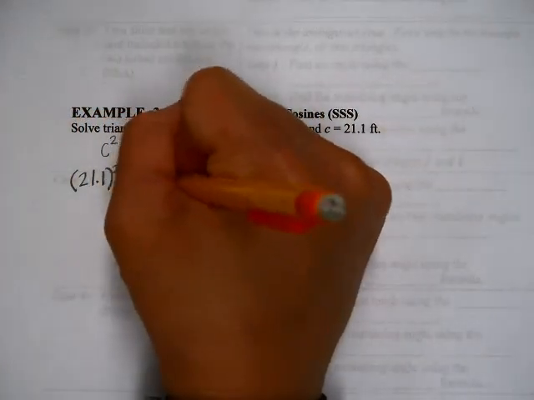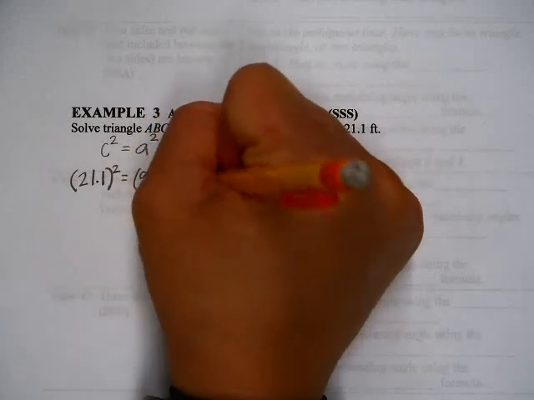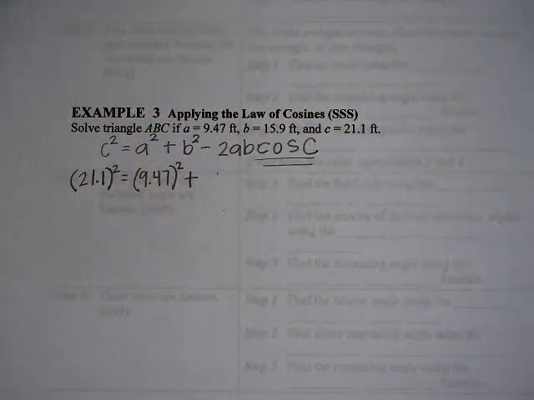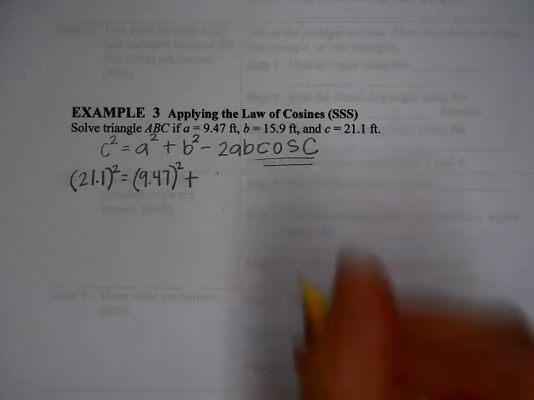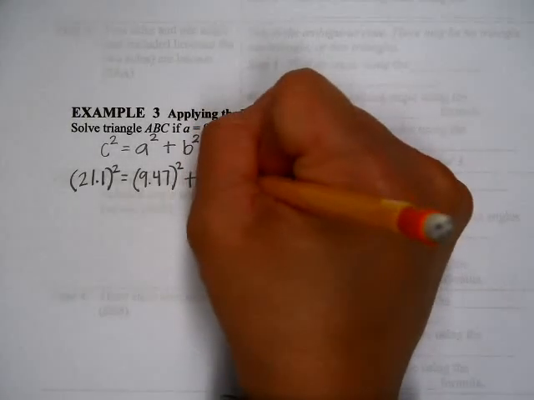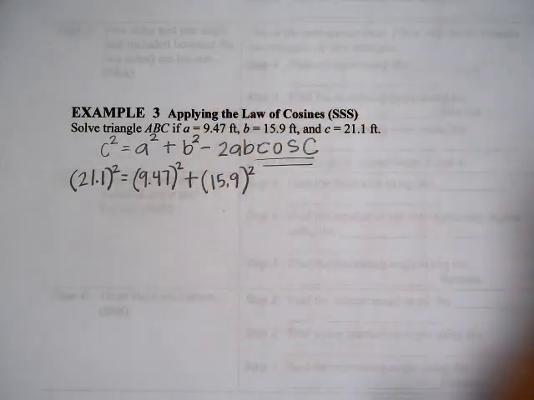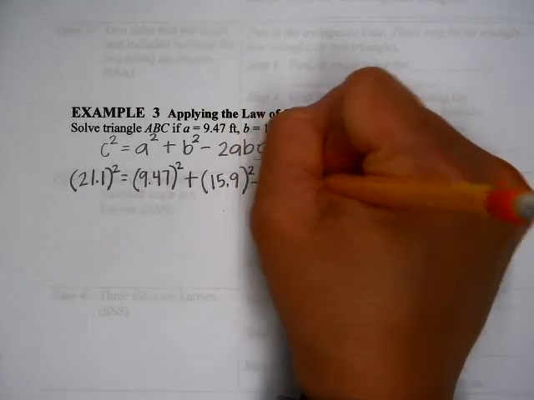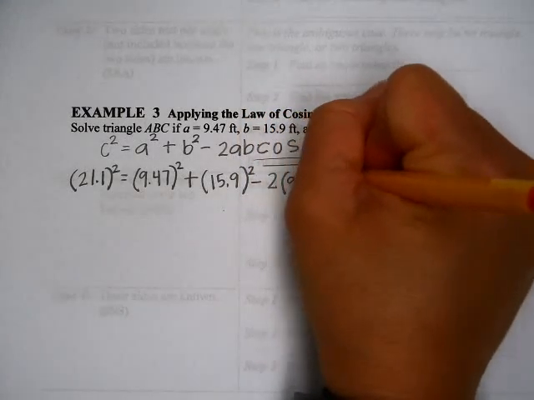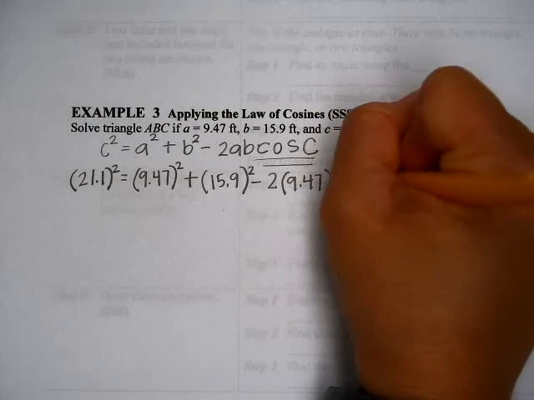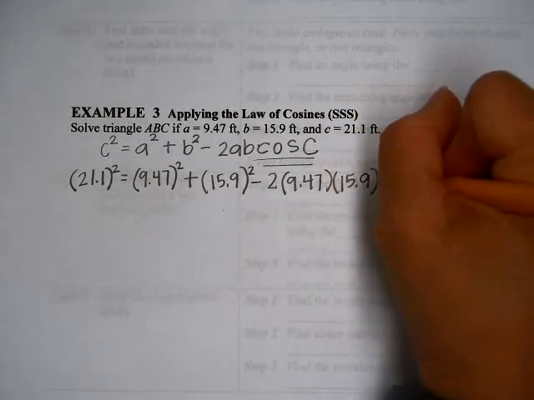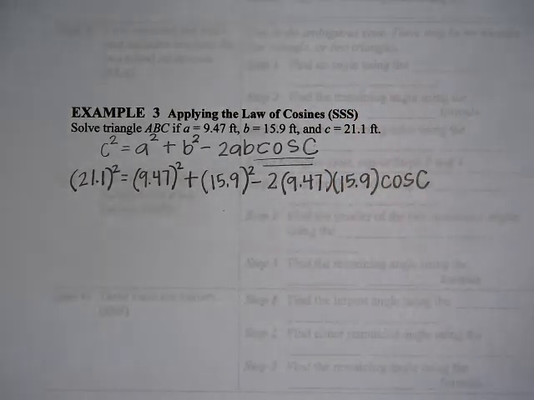Little a is 9.47 squared. Little b is 15.9 squared, minus 2 times 9.47 times 15.9 cosine of big C. I'm going to give you a second to get all that written down.